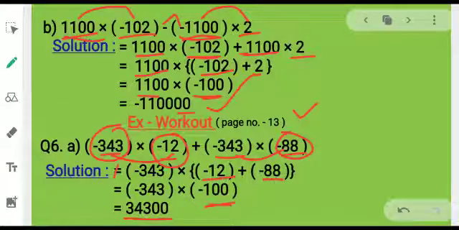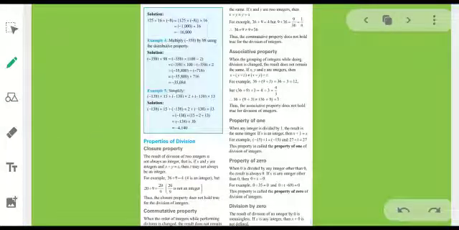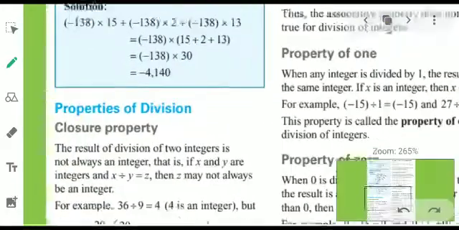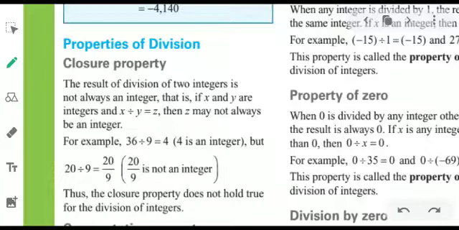Now let's move to our new topic, which is properties of division. In properties of division, the first property is the closure property. The result of division of two integers is not always an integer.